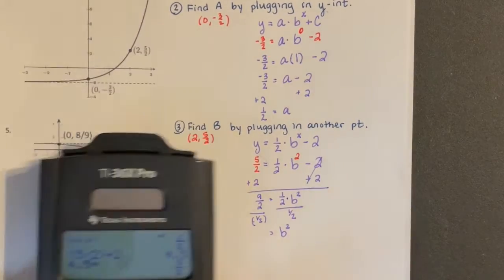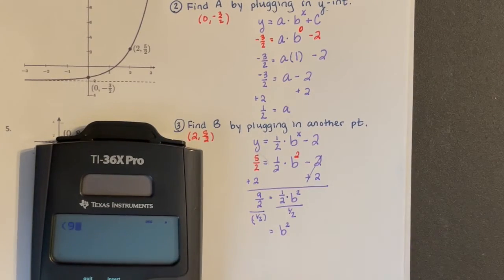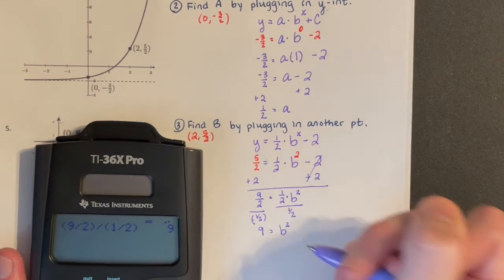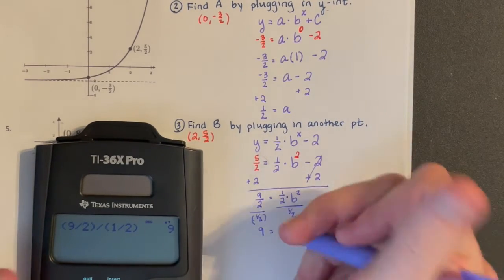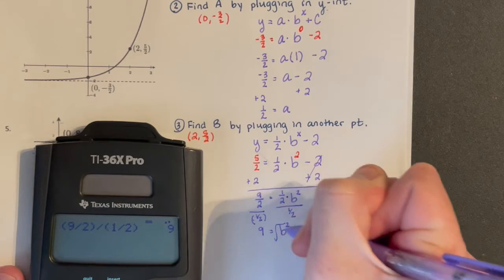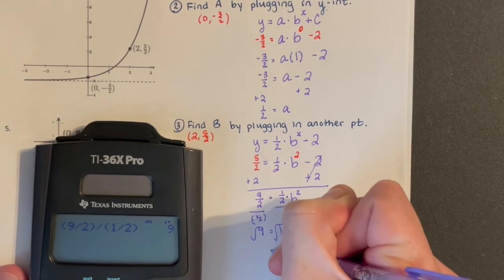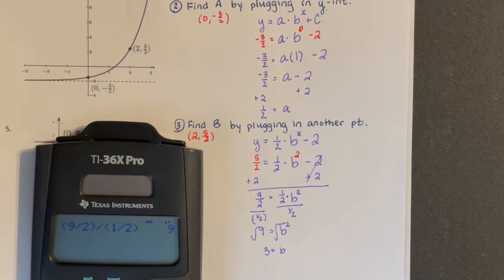So in my calculator, let's do parentheses 9/2 divided by parentheses 1/2. It gives me just 9. So b squared is 9. If I square root both sides now, then b equals 3. And we've found everything we needed.